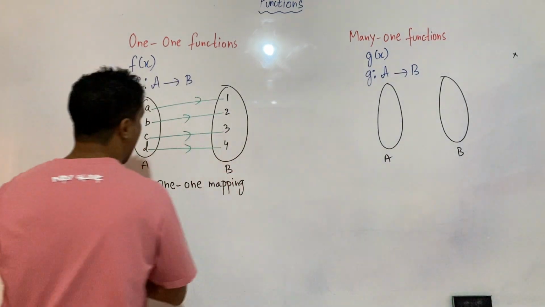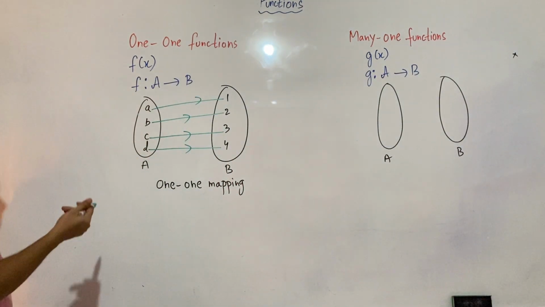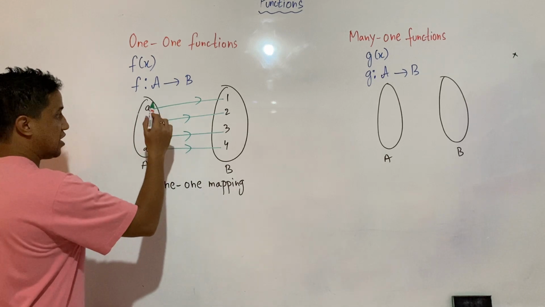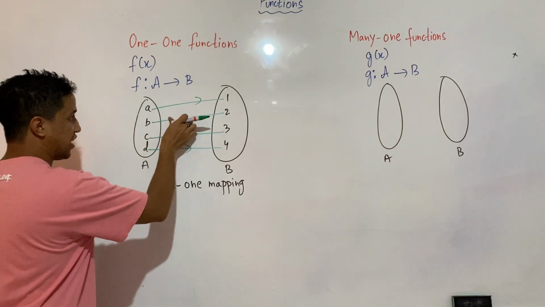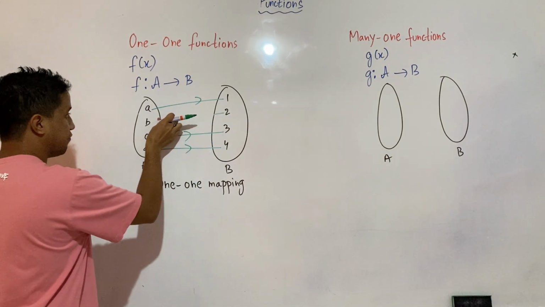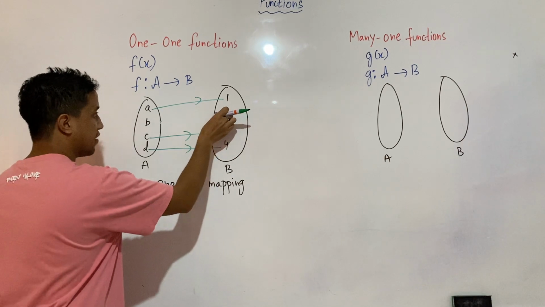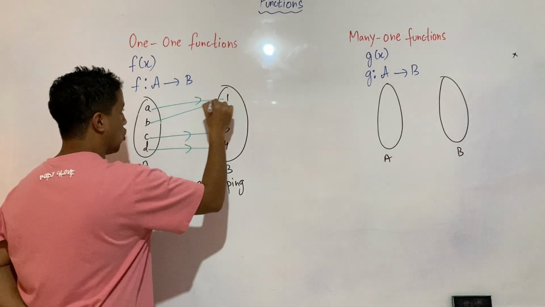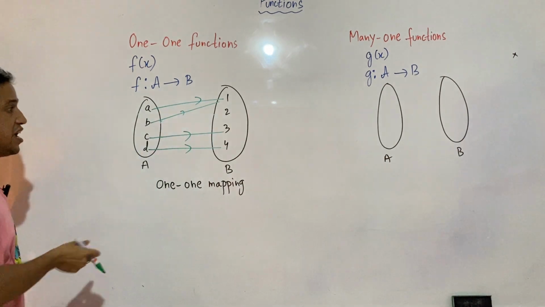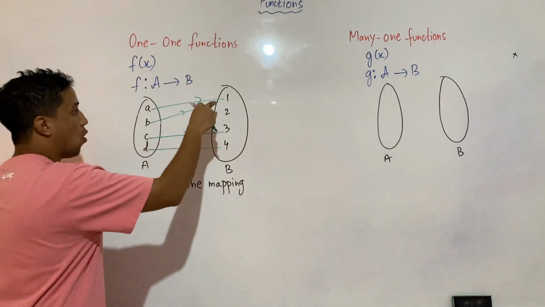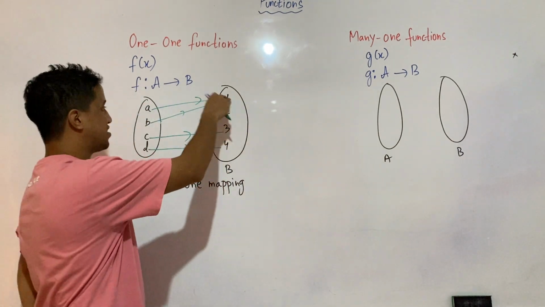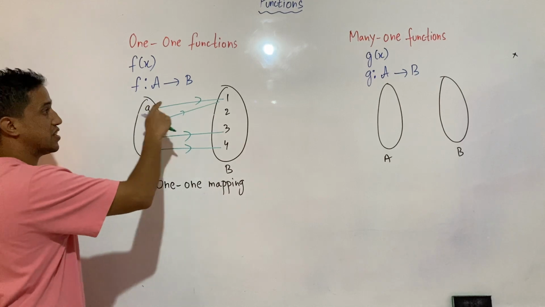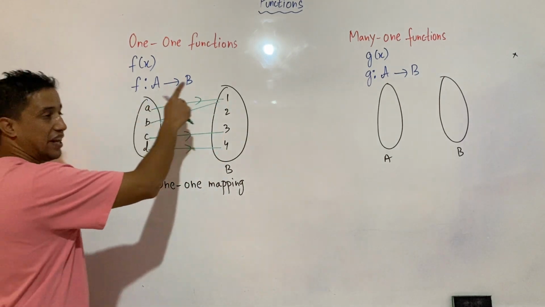So what I cannot do is this: if instead of this I have this, no, it's not one-one. Why? Because 1 is the image of a, since a is related to 1.